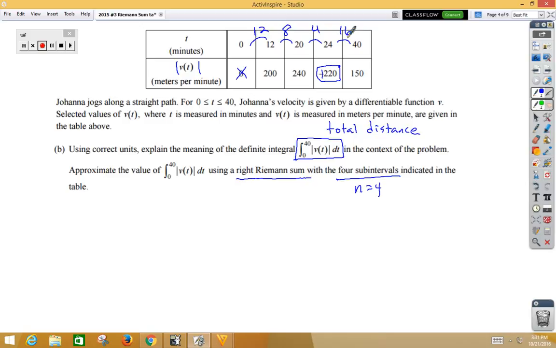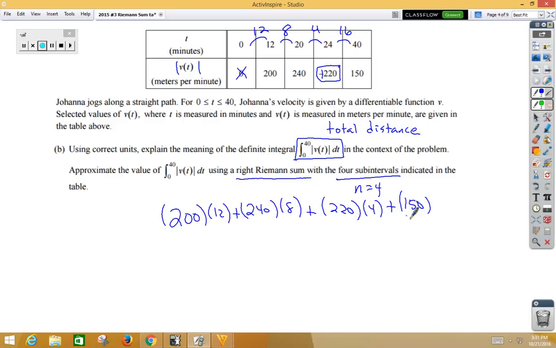So our first Riemann rectangle would be 200 times 12 plus 240 times 8 plus 220 times 4 plus 150 times 16. It's a no calculator question. We'd have to work this out.